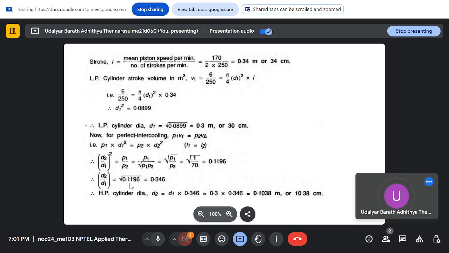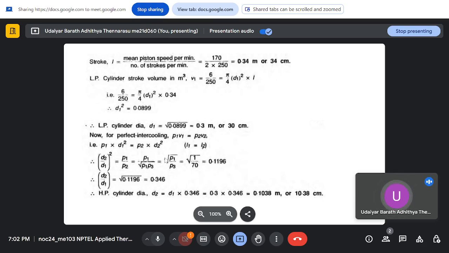Now, to have perfect intercooling, your P1 V1 equals P2 V2. So P1 into D1 square equals P2 into D2 square, assuming your lengths are the same. So D2 by D1 raised to power 2 equals P1 by P2, and P2 is root of P1 by P3.